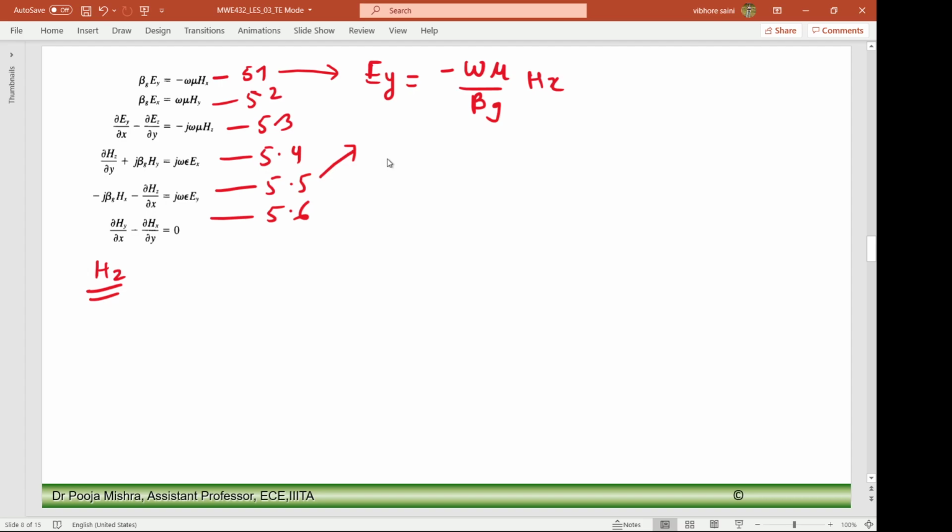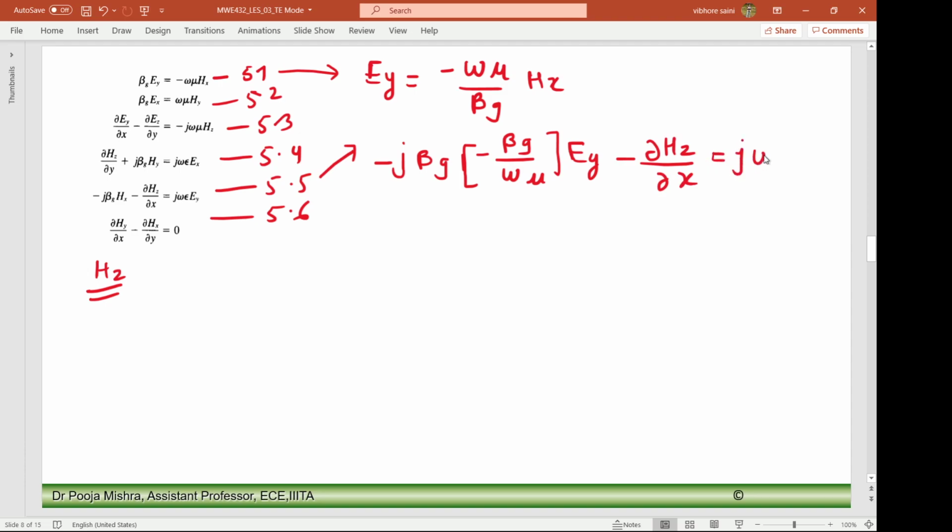So let's put the value of Ey in equation 5.5: minus j beta g Hx will be minus beta g by omega mu Ey. We can do anything, we have to determine all. Minus del Hz by del x is equal to j omega epsilon Ey.